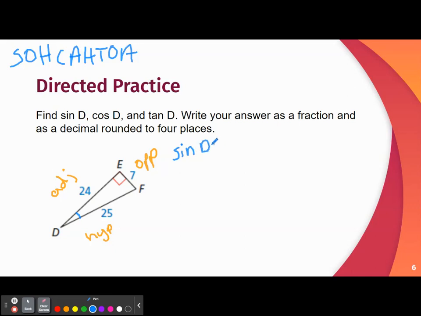Ivy, what's the formula for sine of D? Opposite over hypotenuse. Always go back to this. O over H. S equals O over H. So opposite over hypotenuse. And Gabby, what would that look like as a fraction? Can I reduce that?